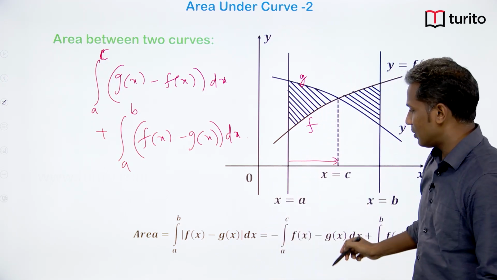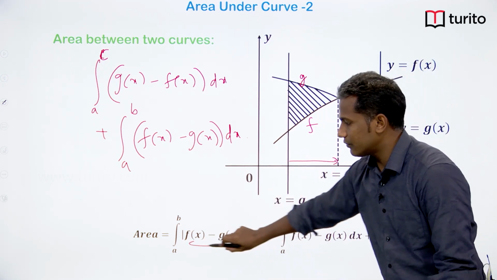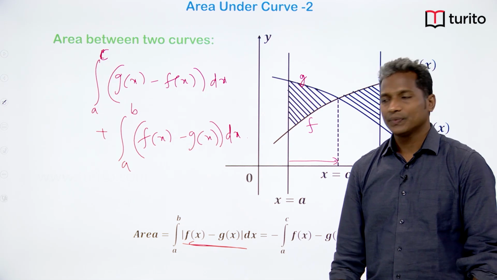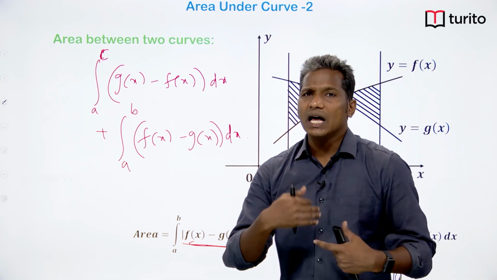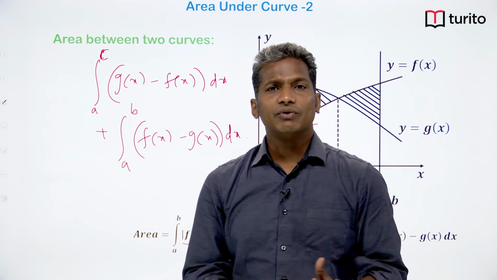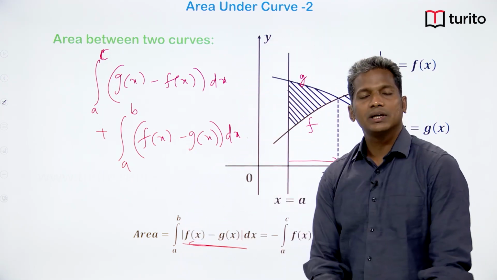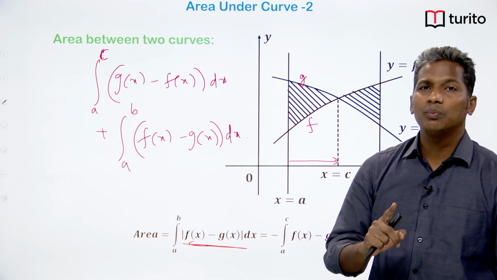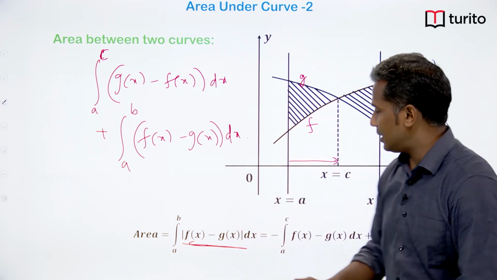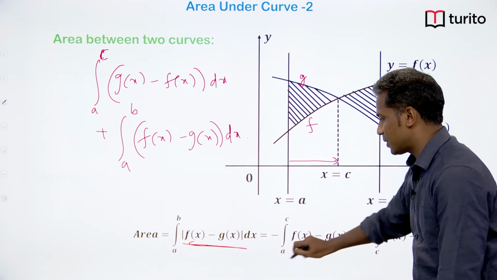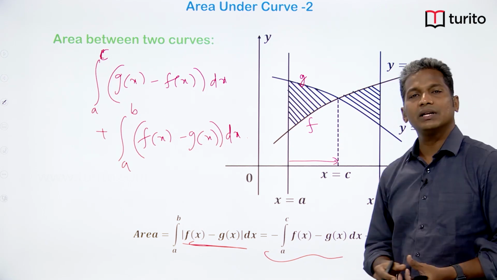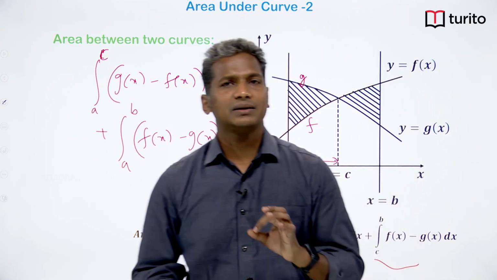That is why we always keep the modulus of f of x minus g of x. The reason is that algebraically, looking at the functions, we do not know which is above and which is below. So we put the modulus, but if you are taking the help of graphs and can smartly choose the plus and minus signs, then you can handle any area directly.